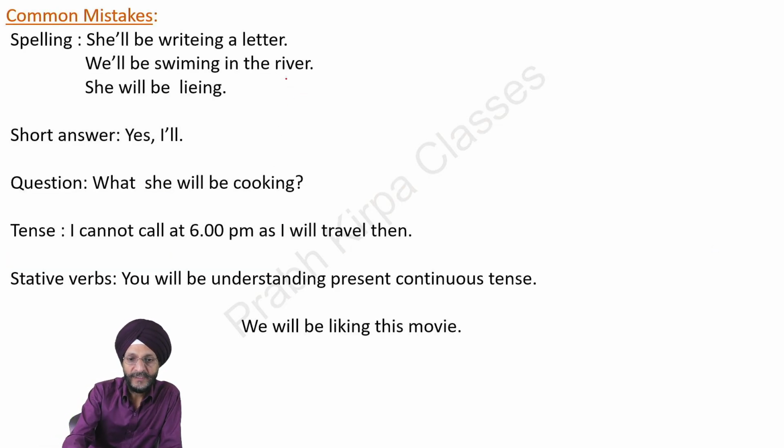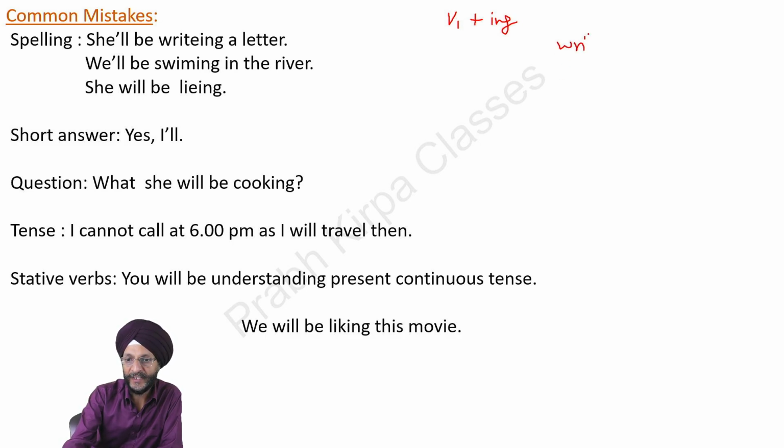Now we discuss certain mistakes we commonly make in future continuous tense. Spelling. She will be writing a letter. As you know, we use the first form of the verb plus ing.